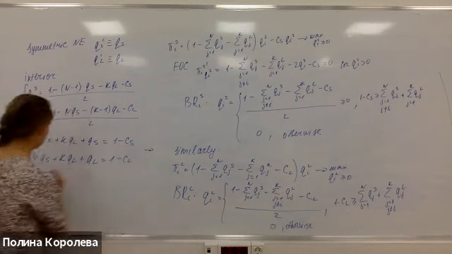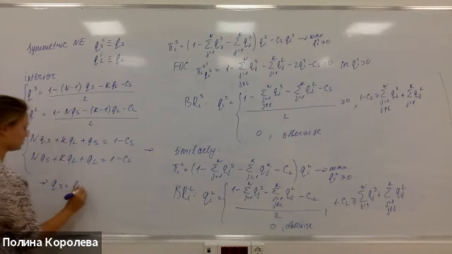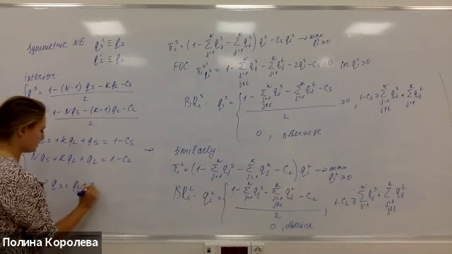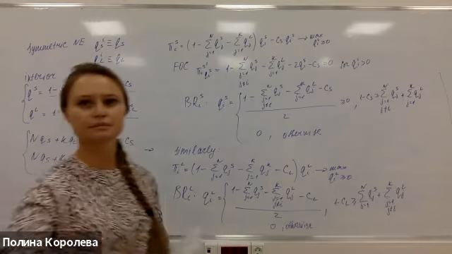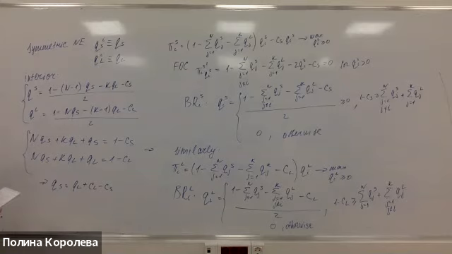From here, the quantity of the small firm is the quantity of the large firm plus CL minus CS. And I take this and put it into this or that, it doesn't matter. What will we find?